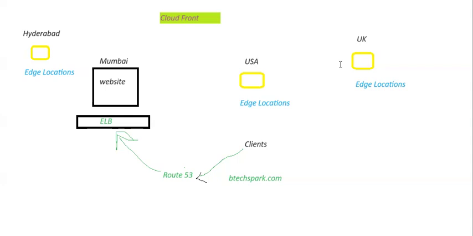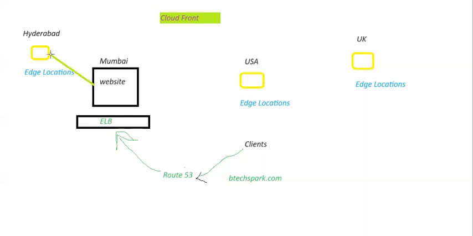So in these edge locations, caching of my application will happen. Whatever application for my website is there, for that website this caching will happen. This caching will happen since I have my edge location at Hyderabad. For that Hyderabad location, my caching will happen.